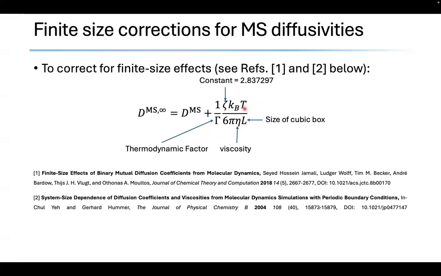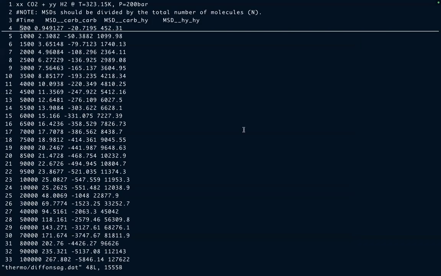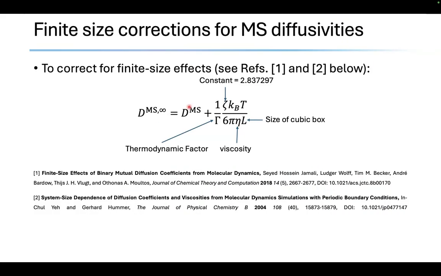The size of the cubic box is already known from your simulation. The temperature is something that is set. The thermodynamic factor to derive it, we've already discussed that. Finally, we can also extract the viscosities in a manner similar to what is shown here using the OCTP plugin. Of course, I have not instructed you on how to calculate the viscosities, but this can be done in a procedure similar to the Onsager coefficients.